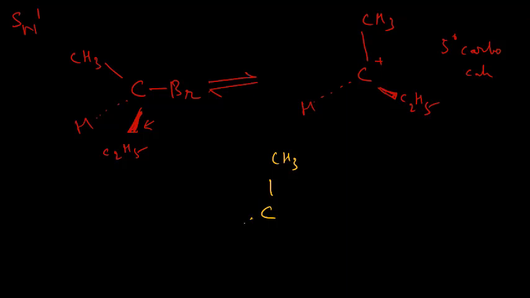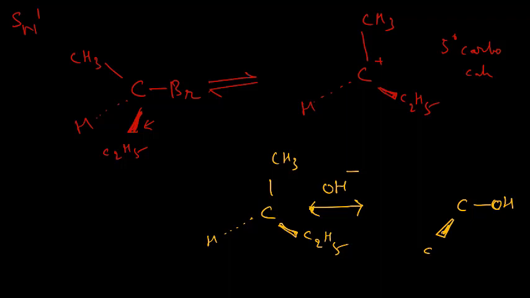So this is a dotted line, and this is a solid wedge C2H5, and here the attacking nucleophile, say OH. When OH attacks here, of course the product is in this manner, C with OH, and here this is a solid wedge C2H5, and here this is a dotted line.